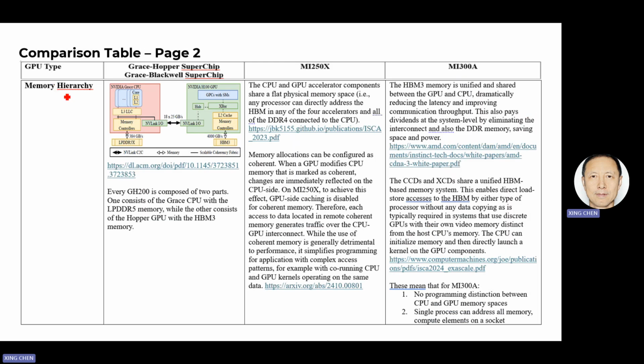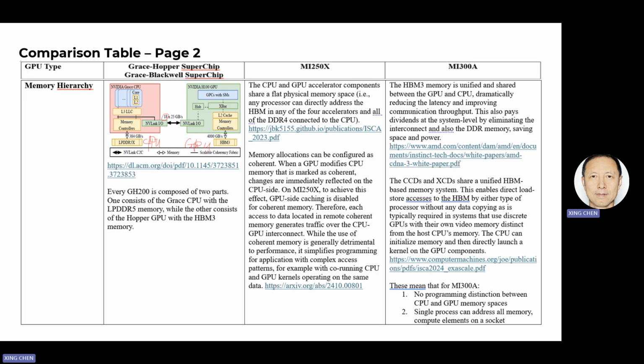For the Grace Hopper superchip and for the Grace Blackwell, for these kinds of systems, you have the NVLink, 18 NVLinks, and you have the two processors, the CPU and the GPU, connected to each other.